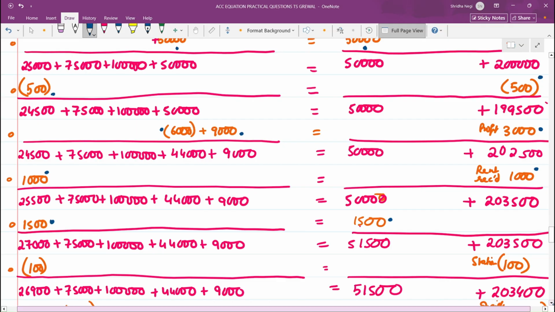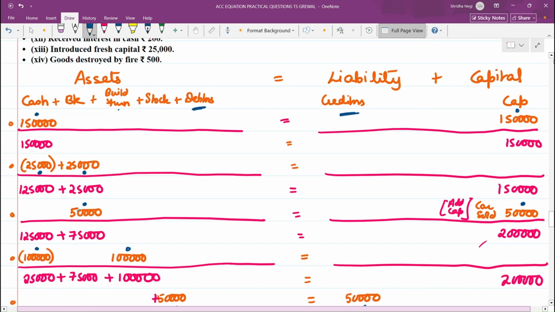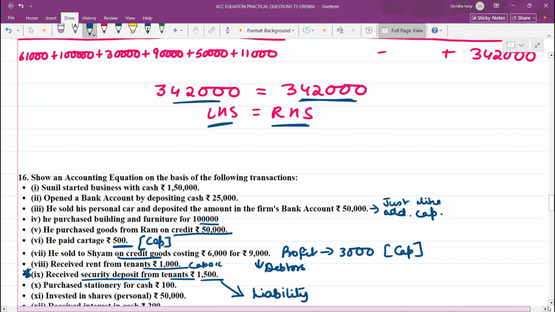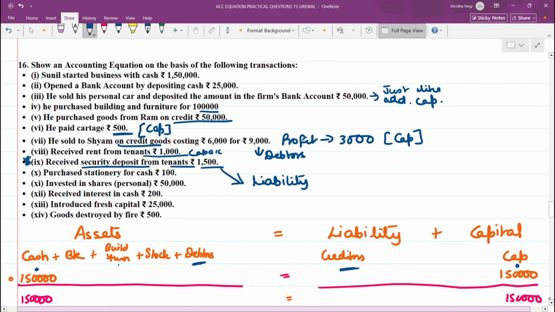Okay, so it will come under creditors here, not in the capital account; it will not affect it. It's not an income. Security deposit, you have to return it. It's a liability because the security deposit has to be returned, so be very careful.